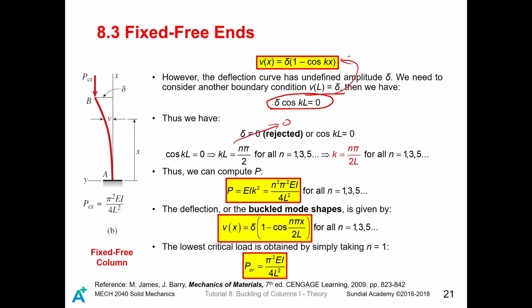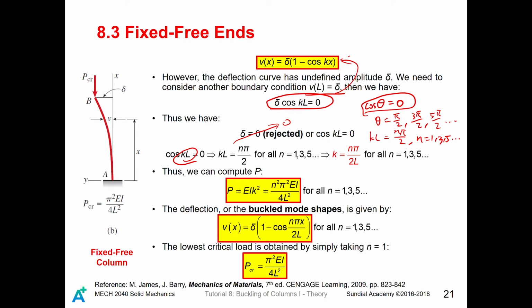For cosine theta equals 0, theta equals pi divided by 2, 3 pi divided by 2, 5 pi divided by 2, and so on. Here theta is just KL. So KL equals n pi divided by 2, where n equals 1, 3, 5, and so on.